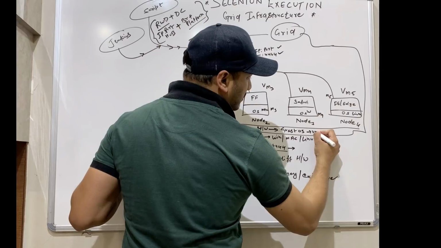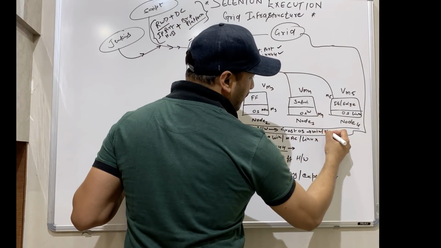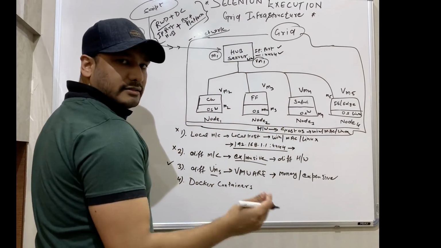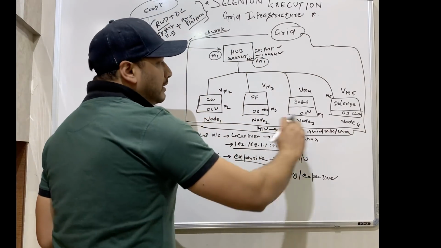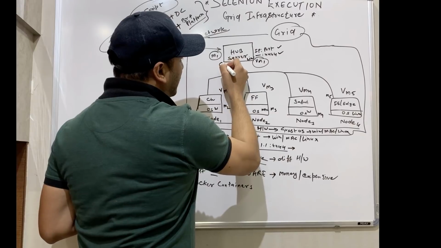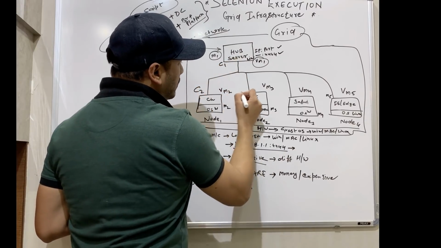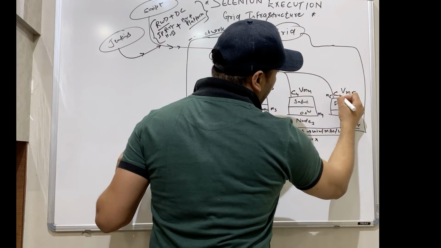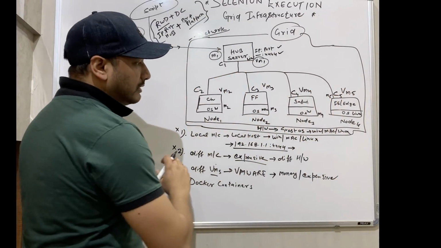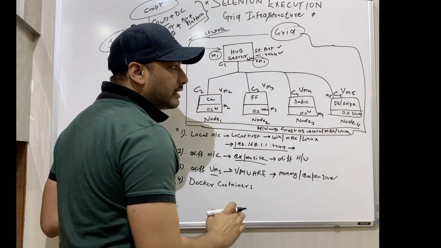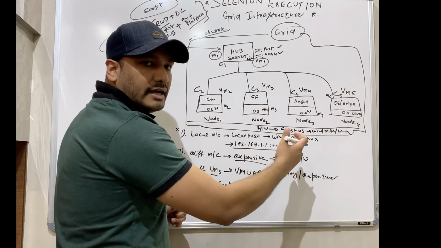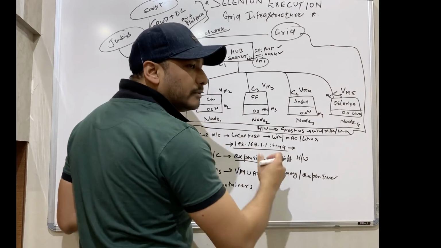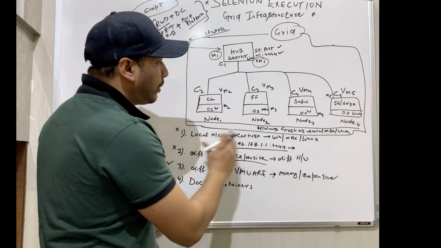Either it could be Windows, Mac or Linux, whatever, it doesn't matter. And I'll be creating multiple containers. So let's see, this is my container number 1, container number 2, container number 3, container number 4, and container number 5. It means on the same hardware, I'm creating multiple containers, and I can scale those containers. I can scale down, scale up. I need, okay, 10 more containers, simple, within a command I can do that using Docker.